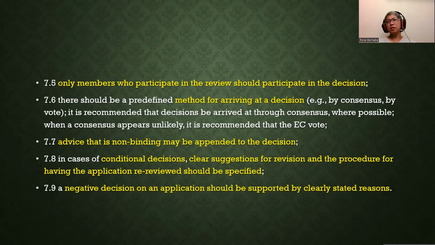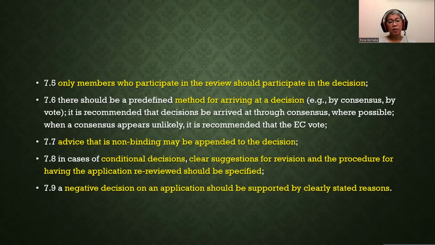So it's possible that the decision is approved as conditional approval, right? Conditional to making a revision of certain sections or a methodology, or whatever, right? But what the suggestions or requirements are for this conditional approval must be clearly stated, right?